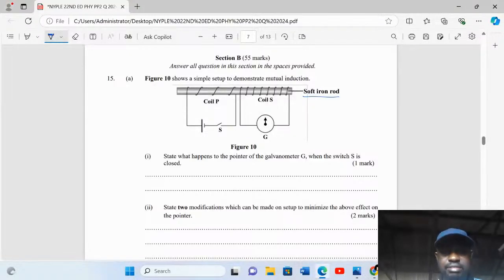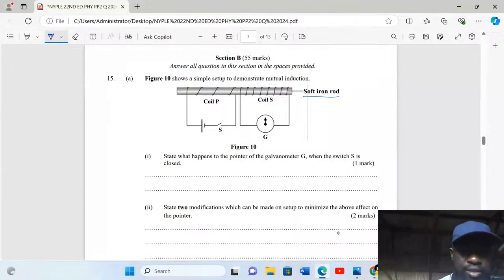We expect some sort of mutual induction to occur once S is closed. When it is closed, it means there is a flow of current. The galvanometer will deflect. But the question is, how will it deflect?